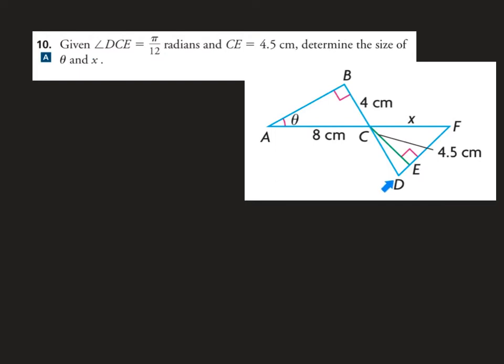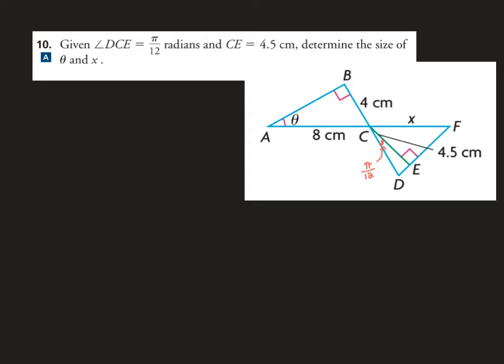All right, given angle DCE, let's find that. All right, so it's this angle, right? This little angle in here is pi by 12. So pi by 12 is like 15 degrees, because pi by 6 is 30 degrees, we know, so pi by 12 is half of that, about 15 degrees.